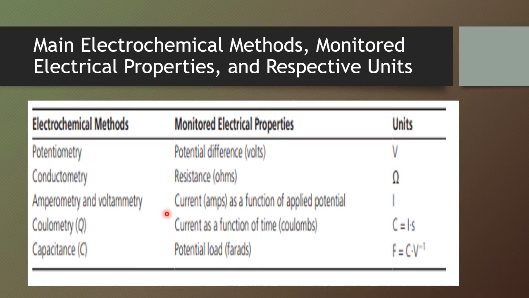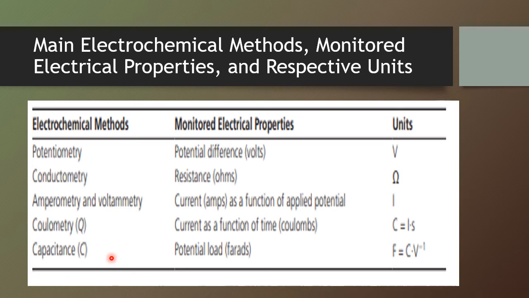Amperometry and voltammetry are those electric methods in which we measure the electric current as a function of applied potential, and the electric current is represented by the letter I. Coulometry is used to measure current as a function of coulombs, that are the charges. So for coulombs, charge, C is equal to I times t.